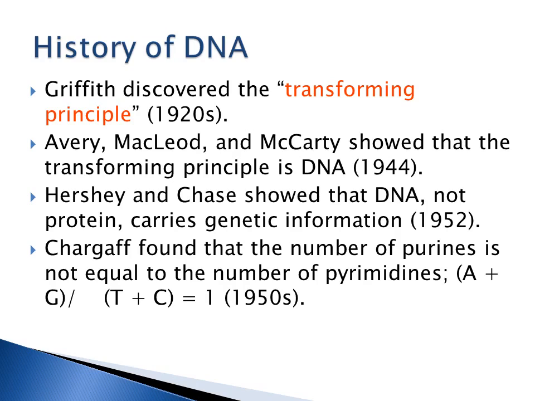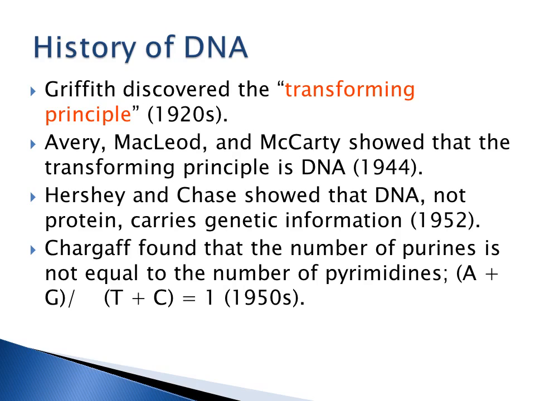So, more history. In the 1920s, Griffith discovered what's called the transforming principle. In 1944, Avery, McLeod, and McCarty showed that the transforming principle is actually DNA. In 1952, Hershey and Chase showed that DNA carries the genetic information.